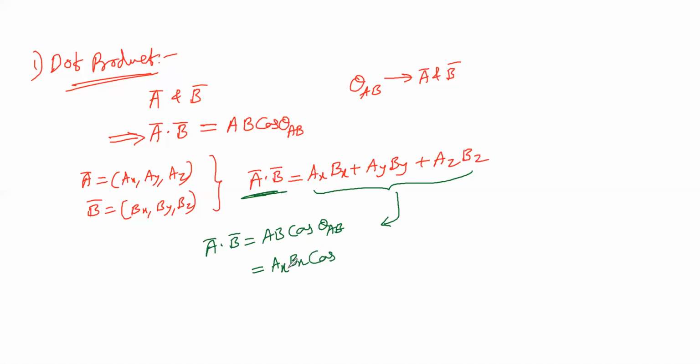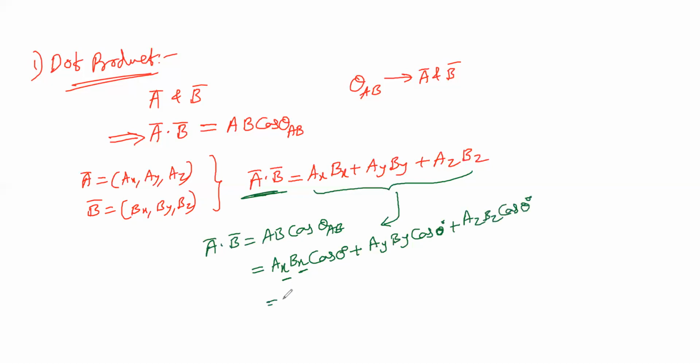Now this ax and bx exist in the Cartesian coordinate system on the axis of x. So if both are along x, the same axis, the angle between them is how much? 0 degrees. In the same way, for the y coordinate we write ay by cos 0 degrees plus az bz cos 0 degrees.